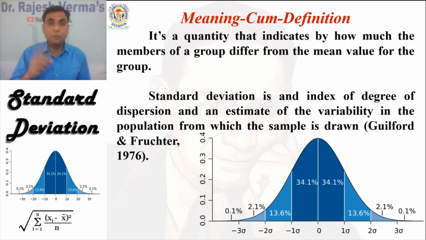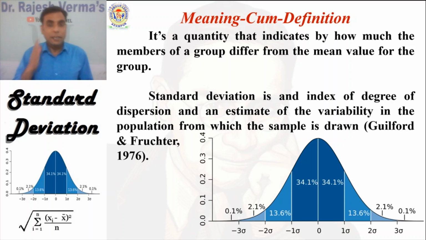So the first step is the mean. So you must know how to calculate the mean. By watching this video, I presume that you know how to calculate the mean of grouped data as well as ungrouped data.